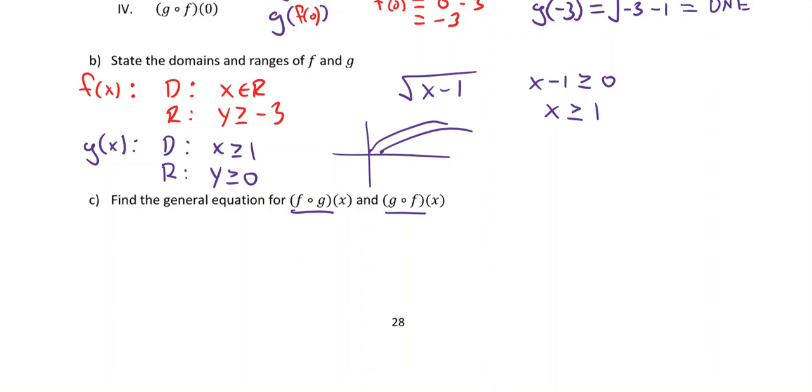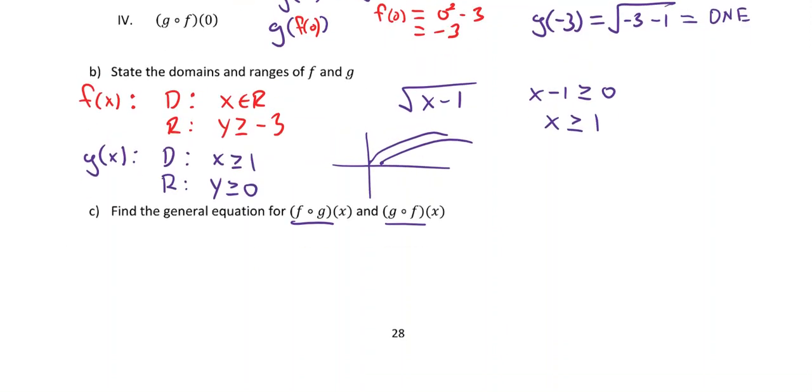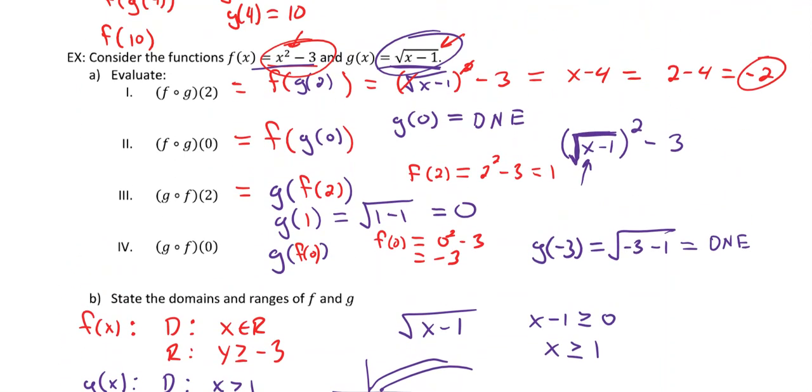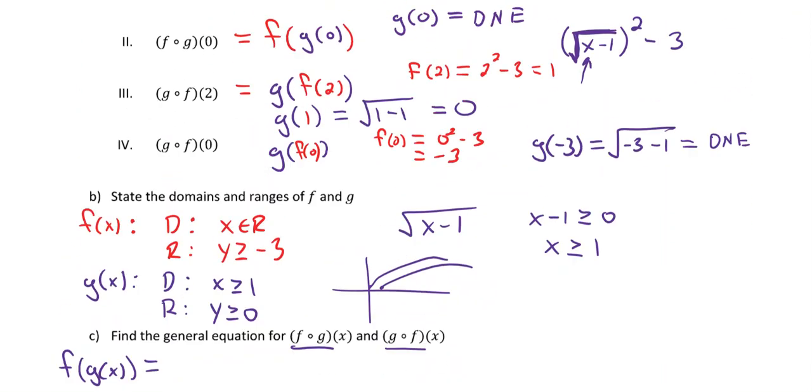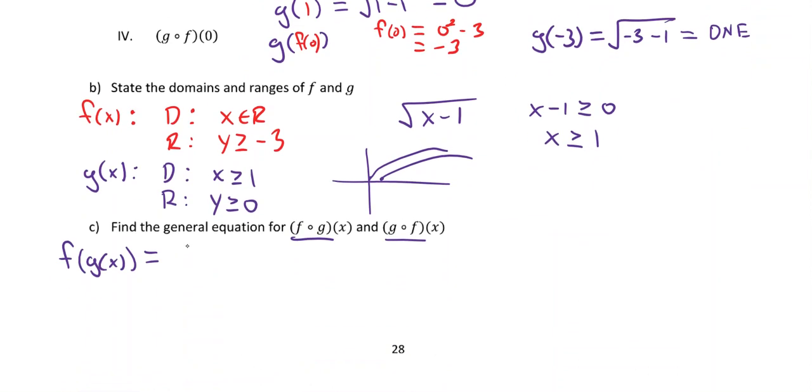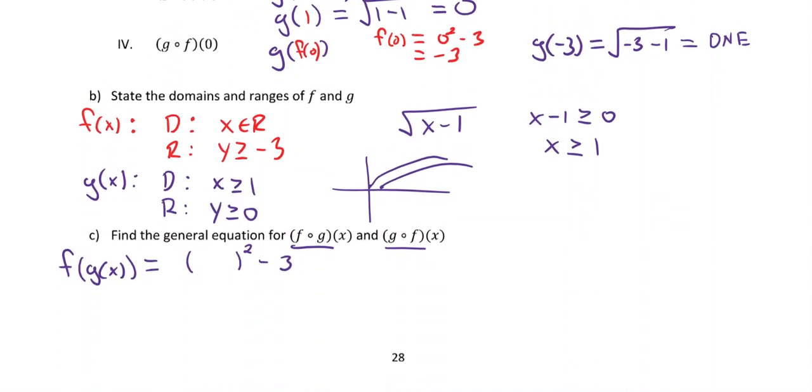So the general equation for f of g of x is equal to, okay, f of x was x squared minus 3, but I'm going to write it with brackets, squared minus 3, because this is where I'm going to insert the new function, g of x. So the square root of x minus 1.